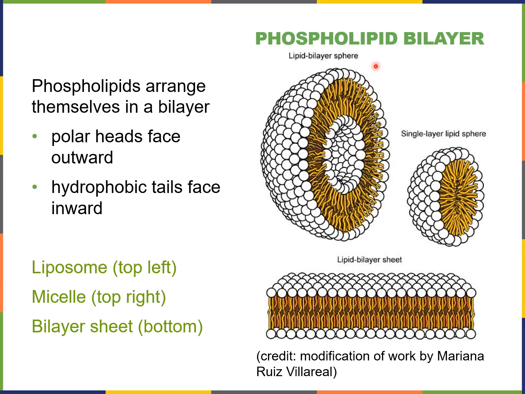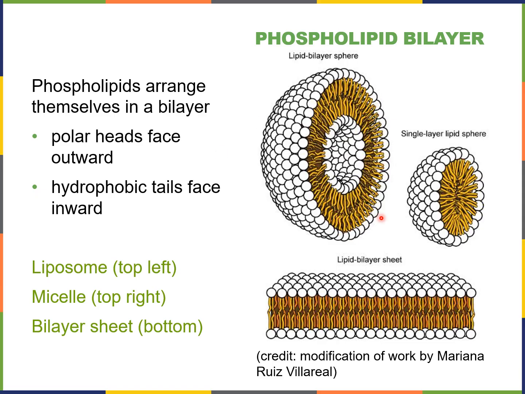Liposomes, shown here, are smaller spherical structures formed by a bilayer. Both the inner and the outer surfaces of the liposomes are lined with polar, hydrophilic heads, while the tails remain in the middle.